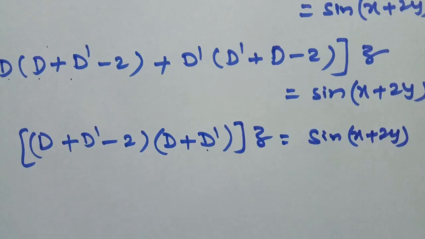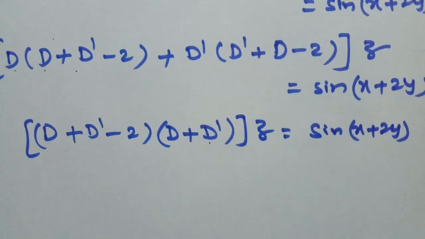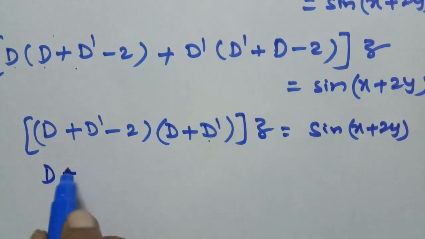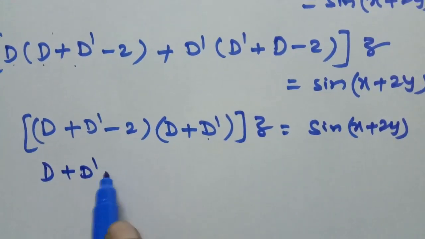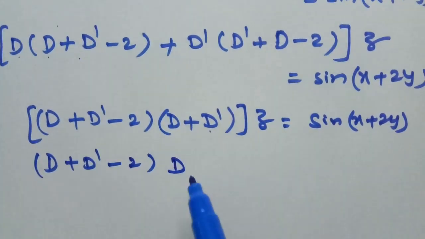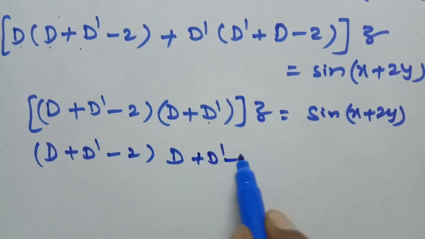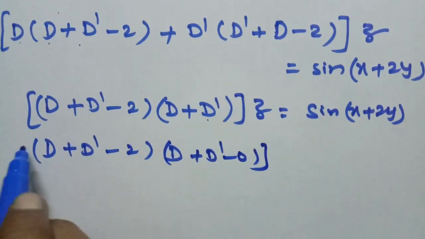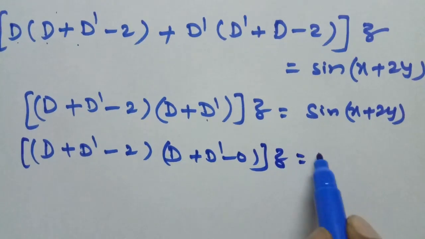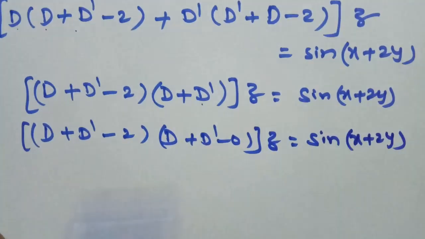Therefore this can be written as D plus D dash minus 2 into D plus D dash minus 0 into z is equal to sine of x plus 2y.